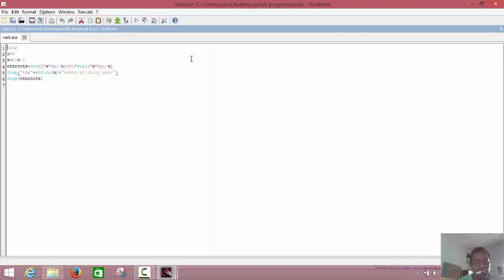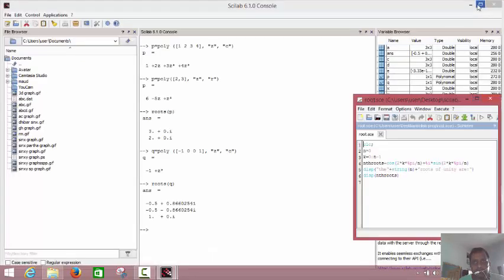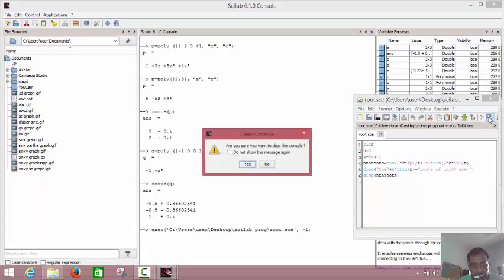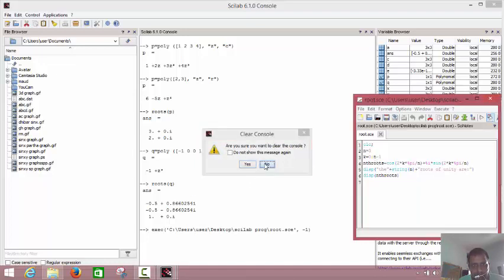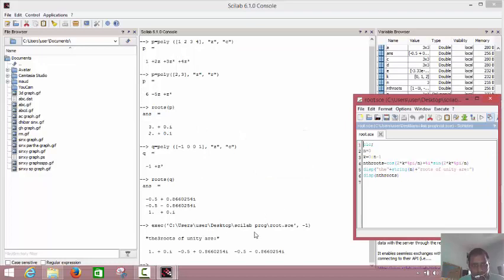To run this program, we use the save and execute option, and we do this. When we execute this, we clear the console, and we get the roots of unity are this. So these are the same. Here we are writing just one line using polynomial, and there we are writing a small program.